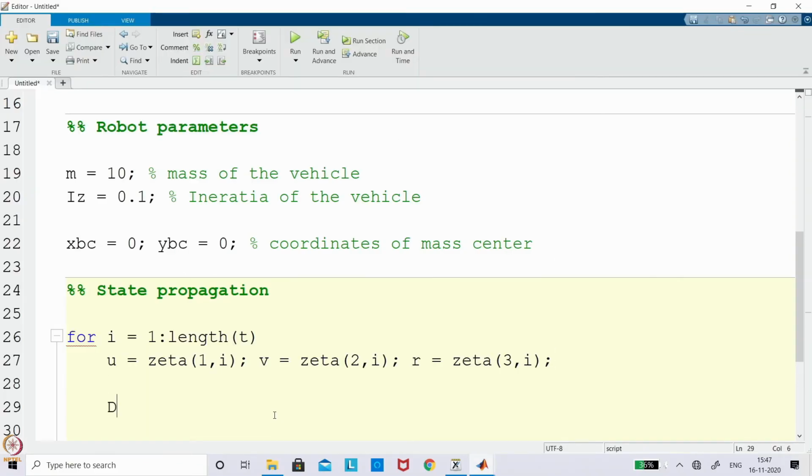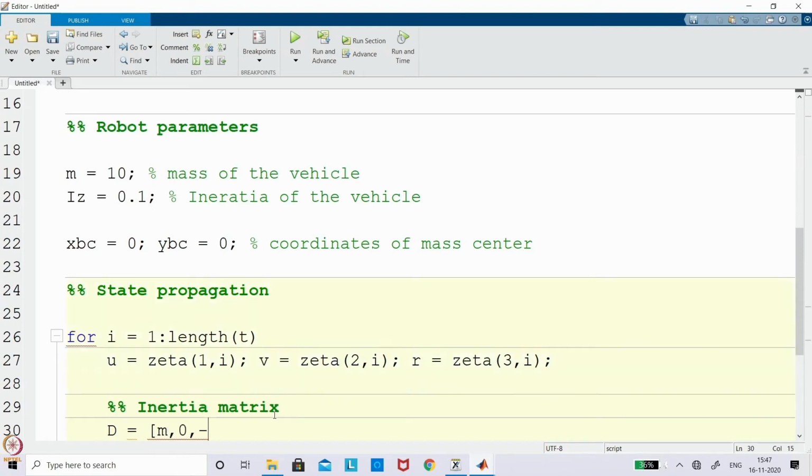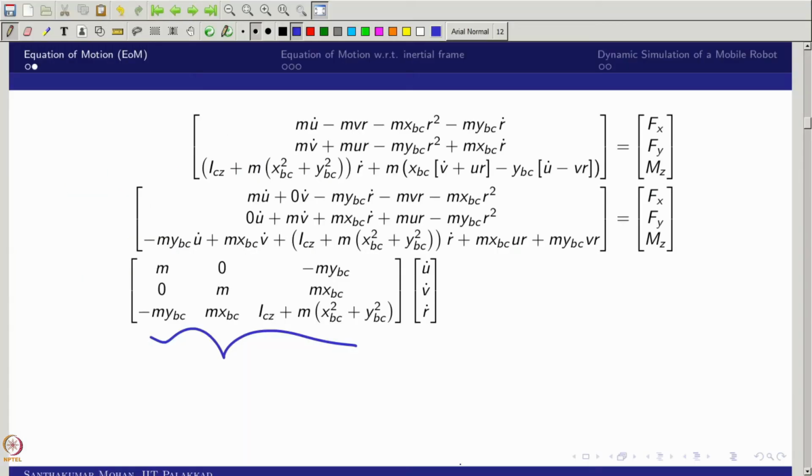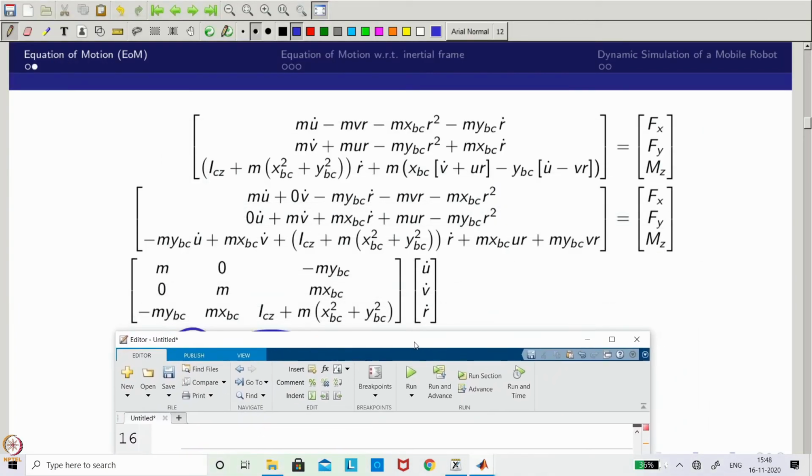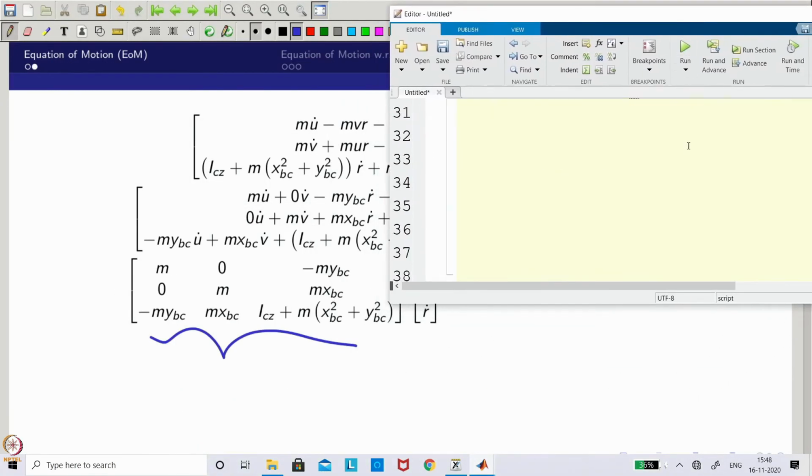Okay, so what would that be? The inertia matrix I call D. I'll write that is the inertia matrix, D as a matrix. So that would be mass, right? Then 0 and minus YBC into mass, right? I can cross check. I'll take this equation and put it here so that it is easy for you to recall what we are trying to write.